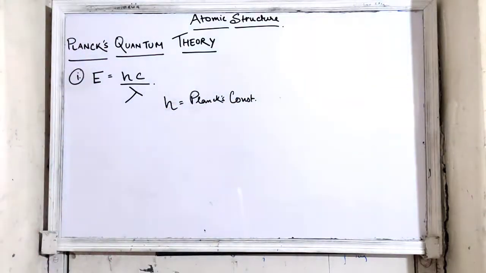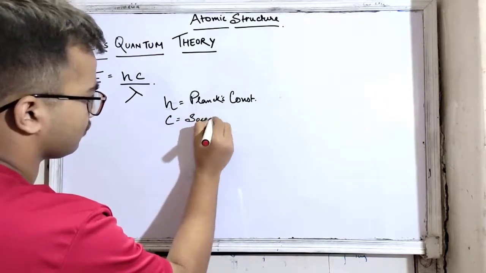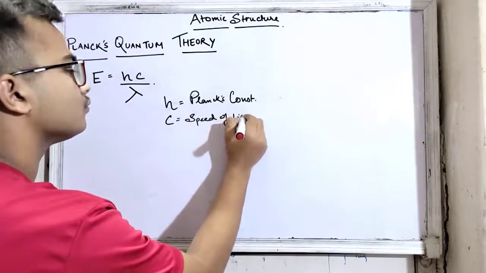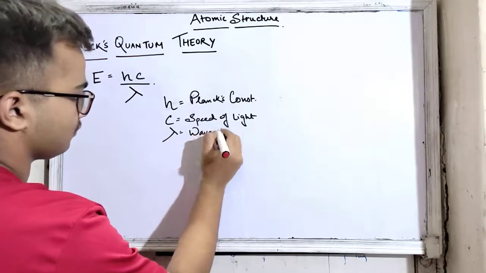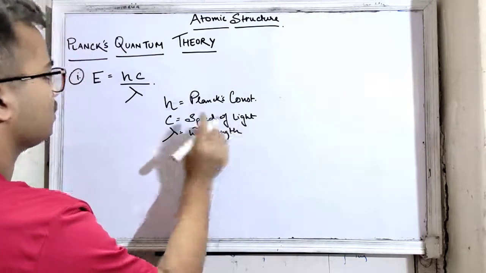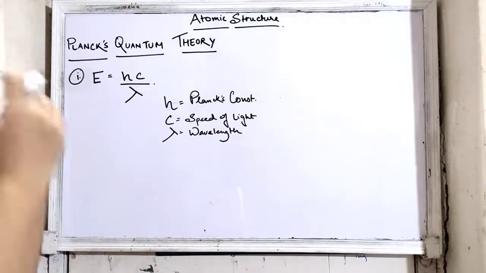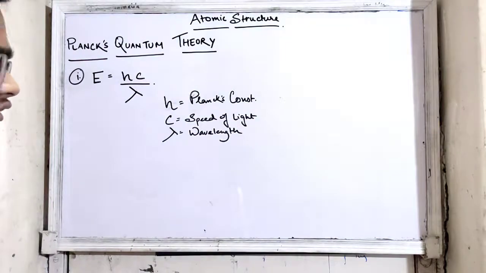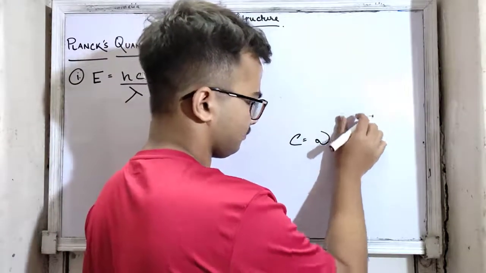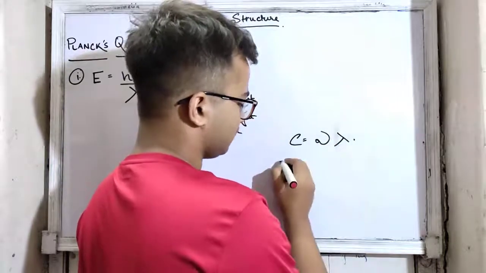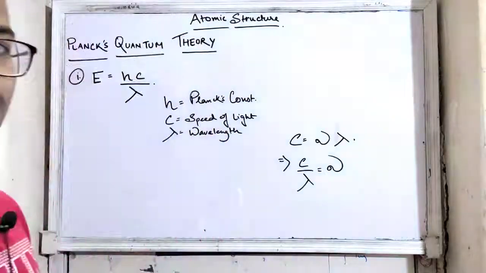What is c? c is as usual the speed of light, and lambda is your wavelength. Now see here, E equal to hc by lambda. This c by lambda, we know c equal to nu lambda, so c by lambda equals nu.